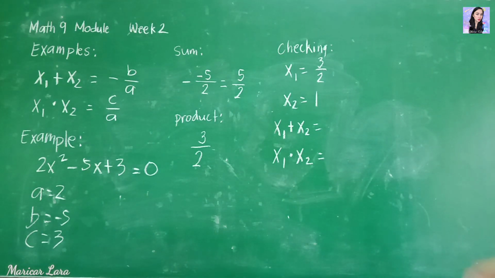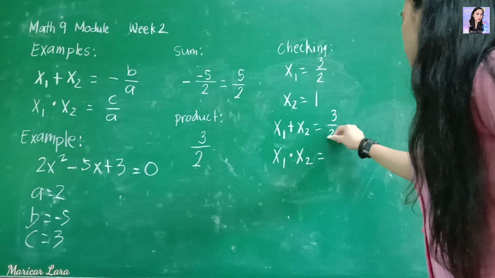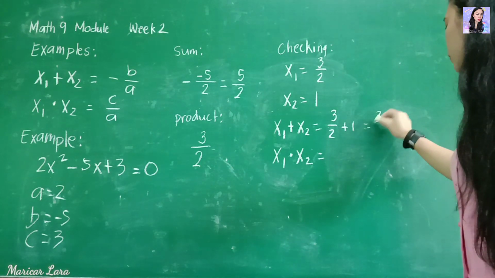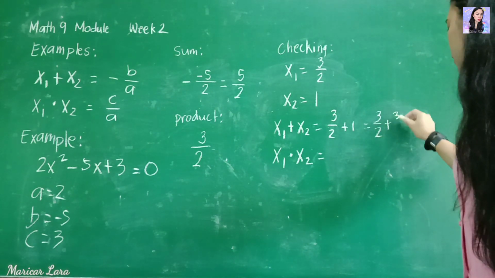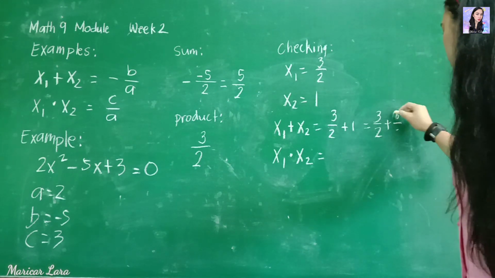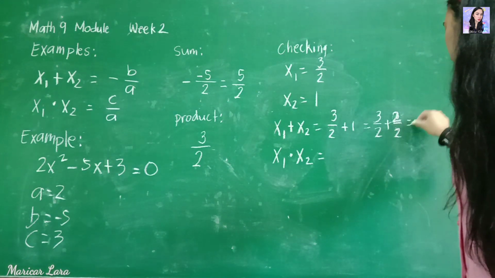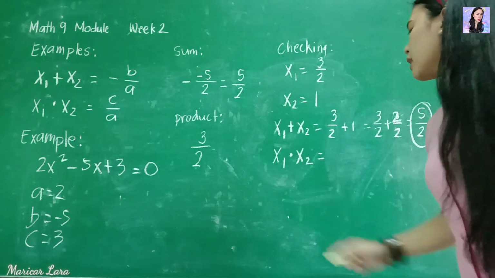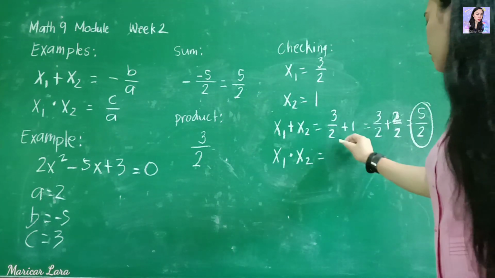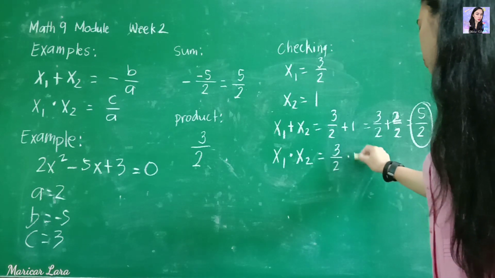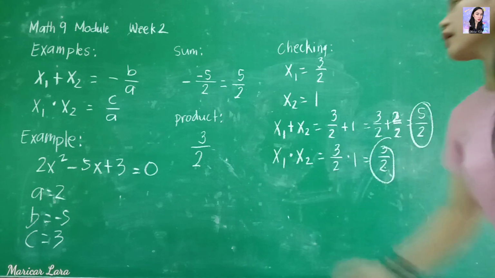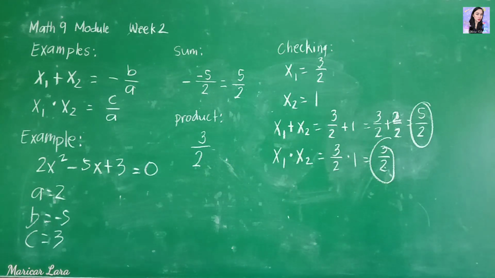So, try natin ang checking. 3 over 2 plus 1. We will have 3 over 2 plus 2 over 2, we will have 5 over 2. So, parehas sila. So, product naman, 3 over 2 times 1 is equal to 3 over 2. Parehas din. So, tama ang ating sum and product of roots.